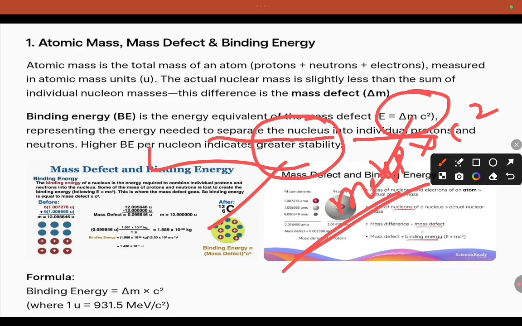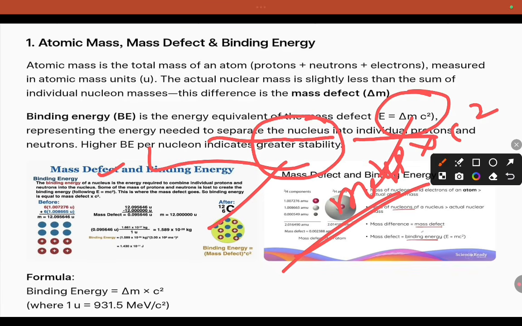Binding energy is, we can see also here, the binding energy of a nucleon. The energy required to combine individual protons and neutrons into a nucleus, or to separate them out of the nucleus, is known as binding energy. Some of the mass of protons and neutrons is lost to create the binding energy, following Einstein's equation E equals mc square.